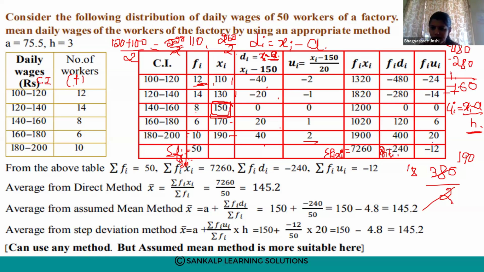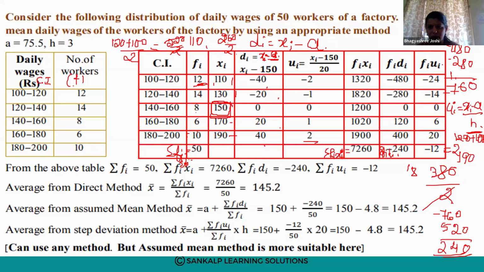And then 120 plus 400, that is 520. So minus 760 plus 520 is equal to minus 240, the value of sigma Fi Di.